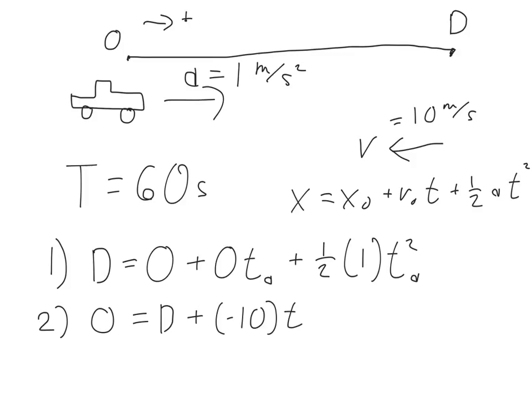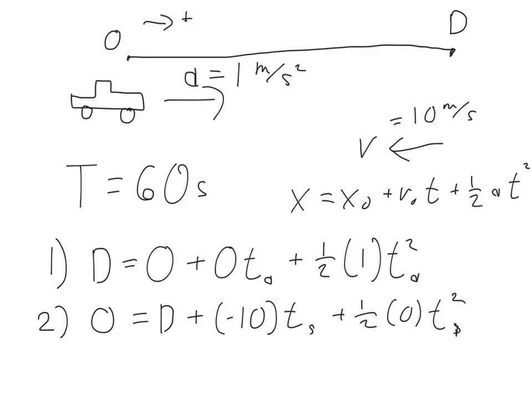Again, we don't know how long it's going to take, so we give it another subscript, time for constant speed, t sub s. And as for the acceleration, there's no acceleration, it's constantly 0, times t squared s.